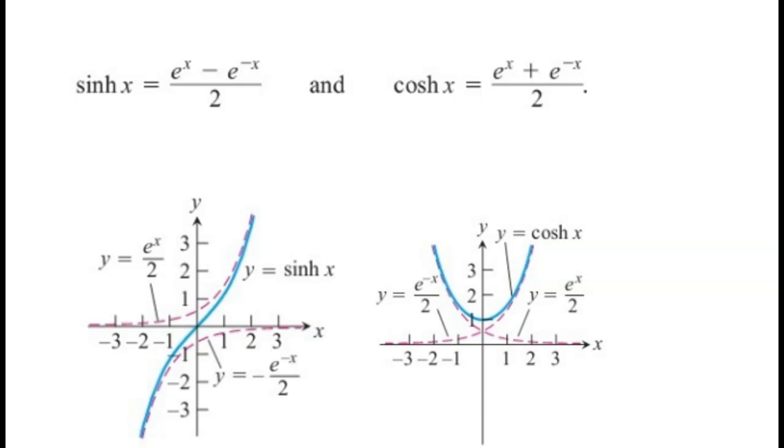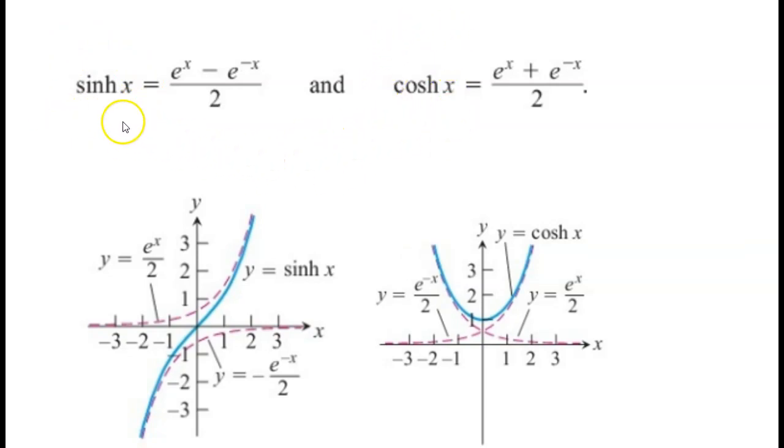In fact, hyperbolic functions are based on the graphs of e to the x and e to the minus x, which are of course two exponential functions. At the top of the screen, you can see the two definitions for the hyperbolic sine of x and the hyperbolic cosine of x.